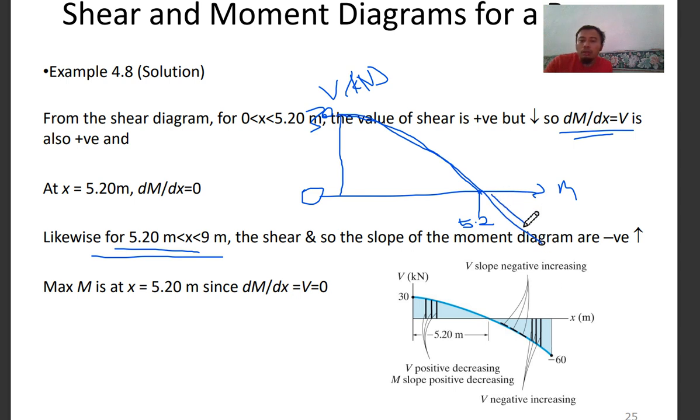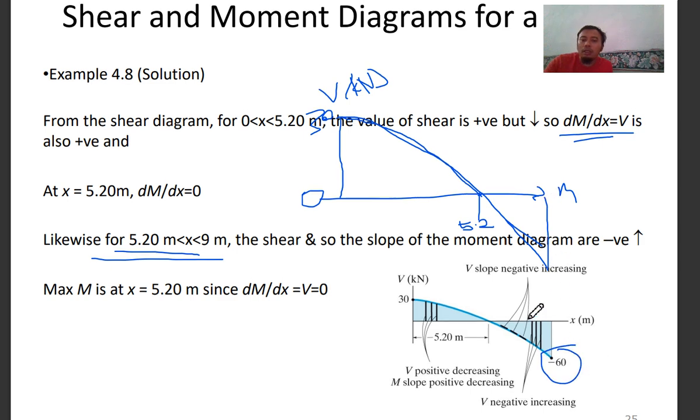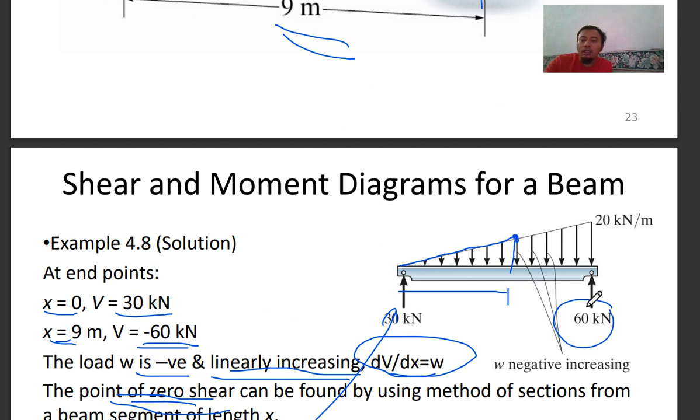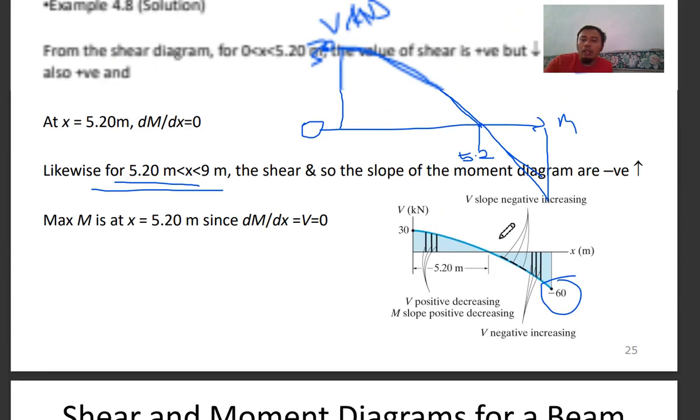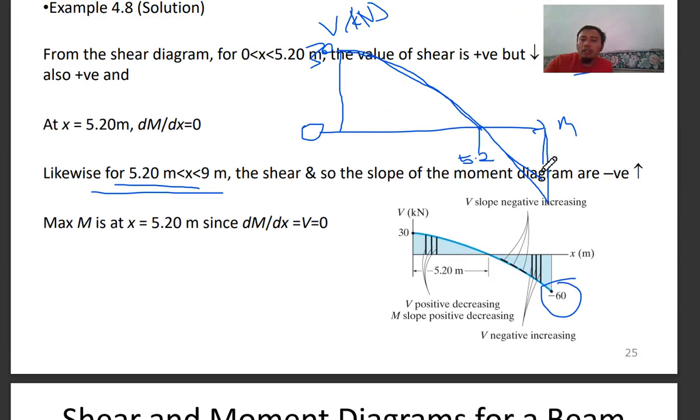So the moment is increasing, yes, but the shear is still the same, and that goes up to 60, which is similar to your reactions, because at the end point the reactions will sum up to zero again.